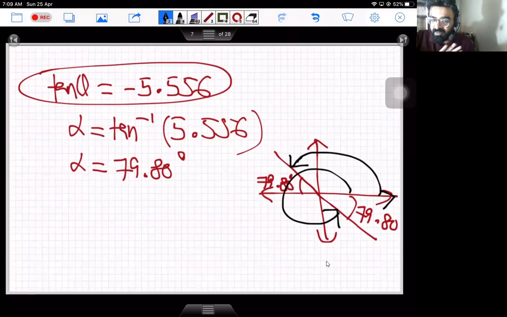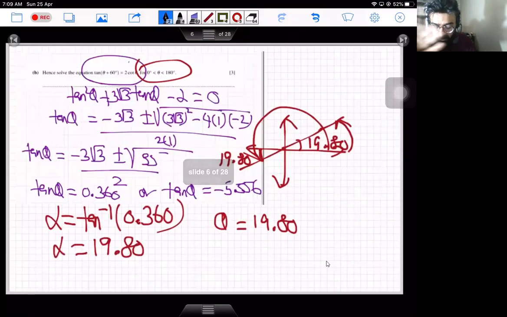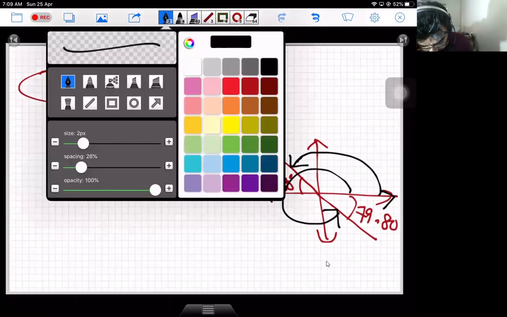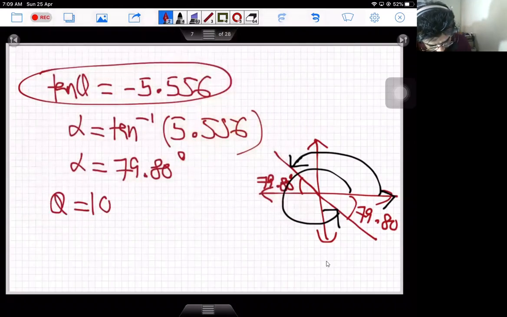The first one is not within the required range of 0 to 180, so it will be ignored. The required angle over here is 180 minus 79.80, which is 100.2. So theta is 100.2 degrees. The second one will be ignored.